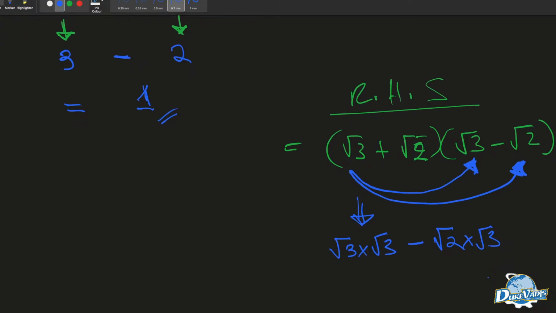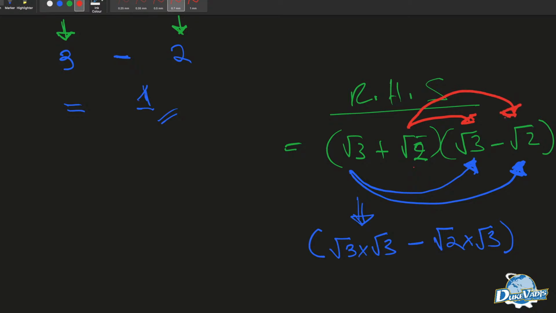Now this is our first expression. Now the second one, we are going to use this number, the root 2, to multiply this one, and after that it multiplies this one.